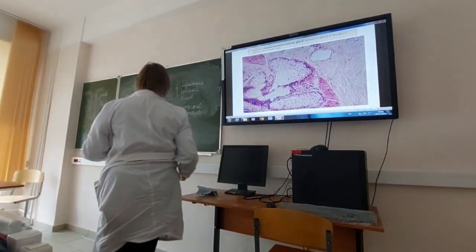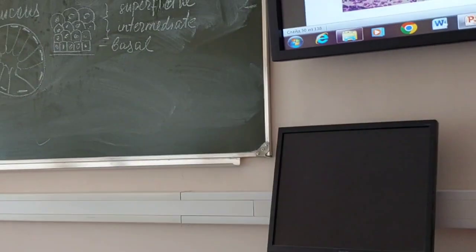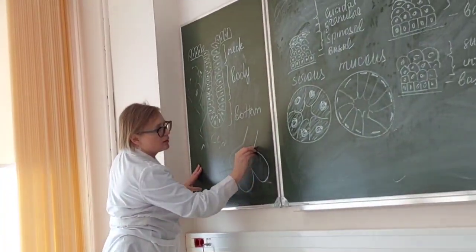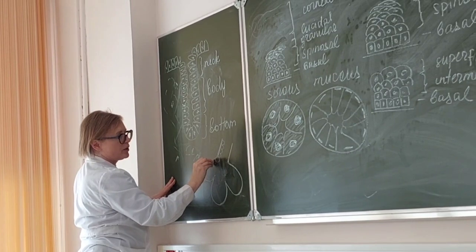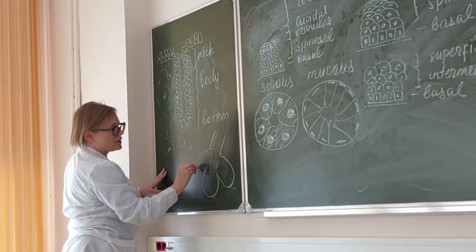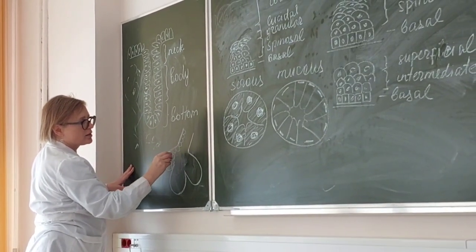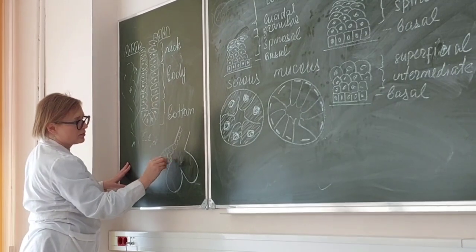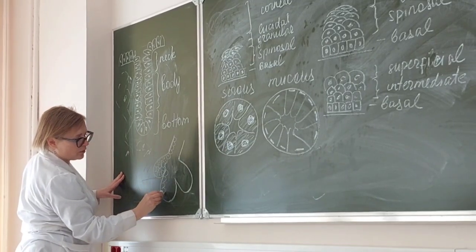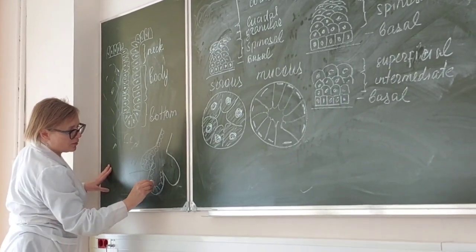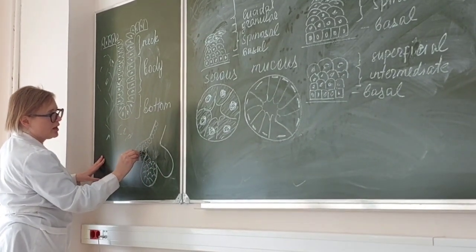That's why it has one duct but several secretory portions. This is epithelium, and you remember that the sebaceous gland is a stratified gland, because it has holocrine type secretion. So here also should be full of cells.